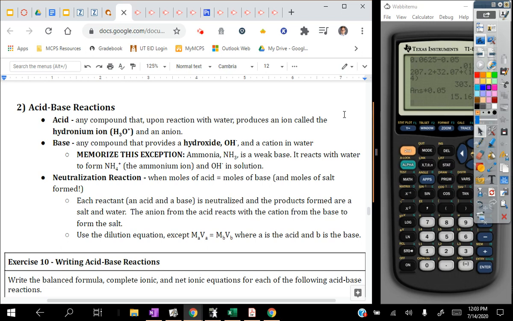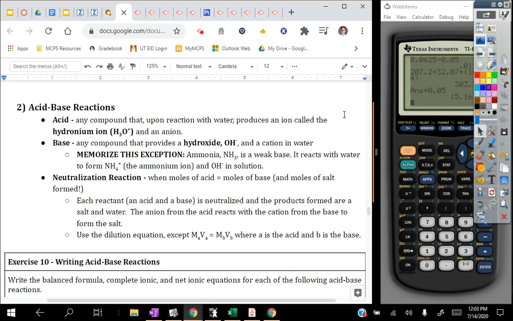A base is any compound that provides a hydroxide, or OH-, and a cation when dissolved in water. There is one exception you need to memorize, and that is ammonia. I mentioned that a while back, but that is a classic weak base. It reacts with water to form NH4+, the ammonium ion, and OH- in solution.